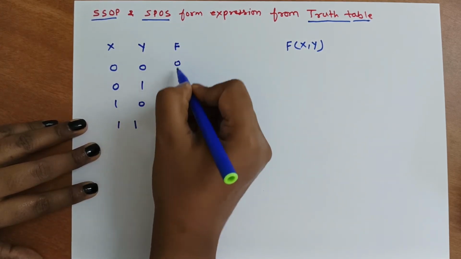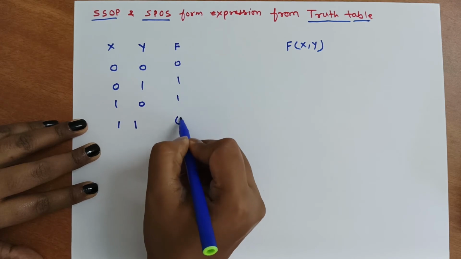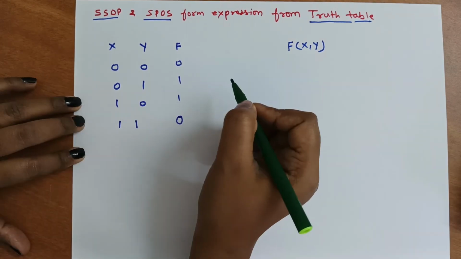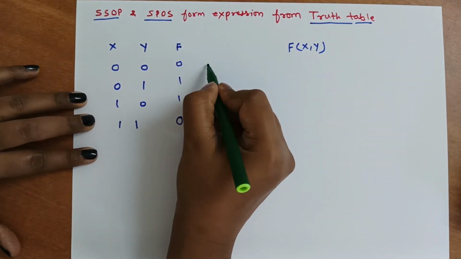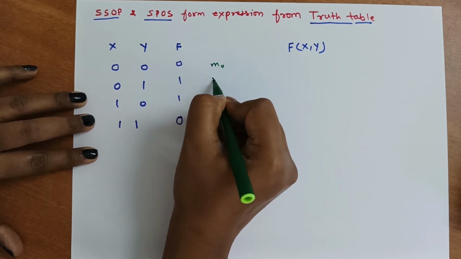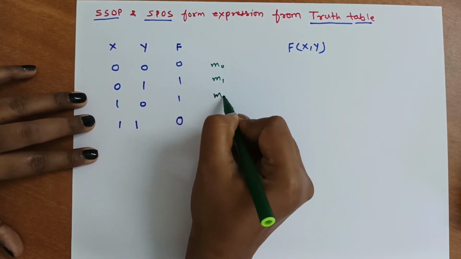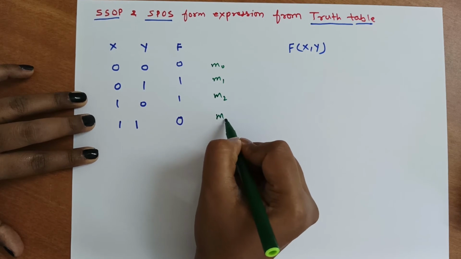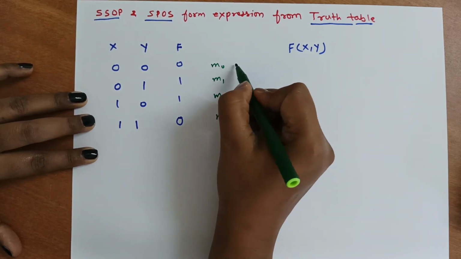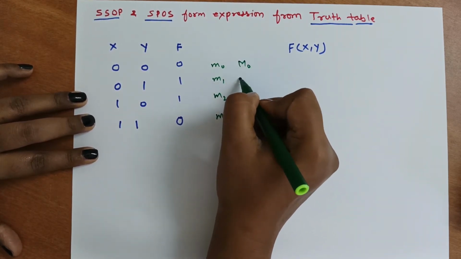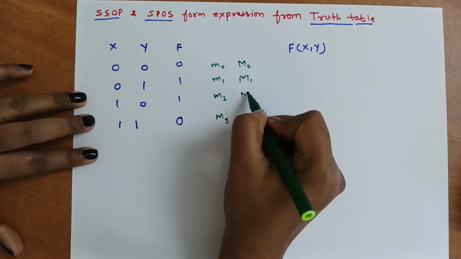The output is 0 1 1 0. So the min terms for this will be m0, m1, m2 and m3, and the max terms will be M0, M1, M2 and M3.